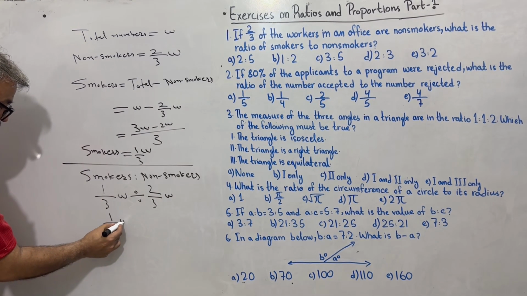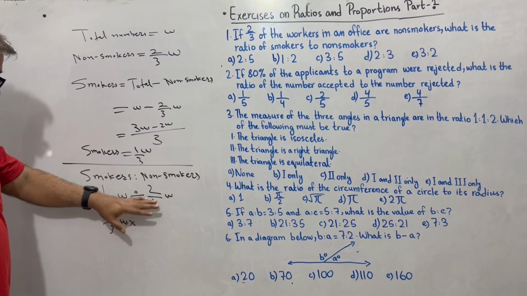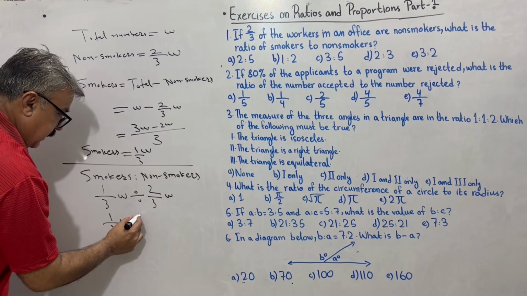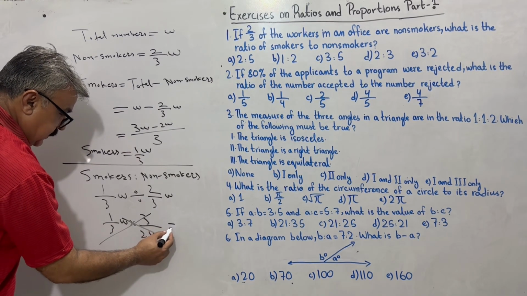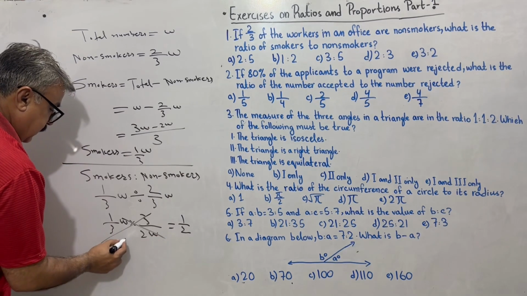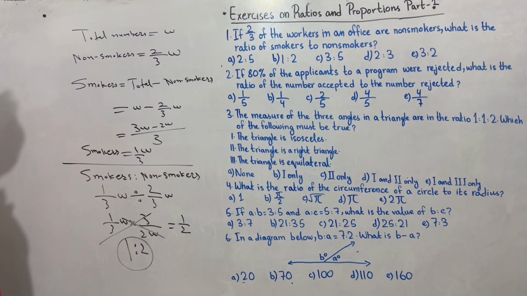Ratio means division, so convert division into multiplication by taking the reciprocal. I have 3 over 2 W. The 3 cancels, W vanishes, and I have 1 over 2. So the ratio of smokers to non-smokers is 1 to 2 in both situations.